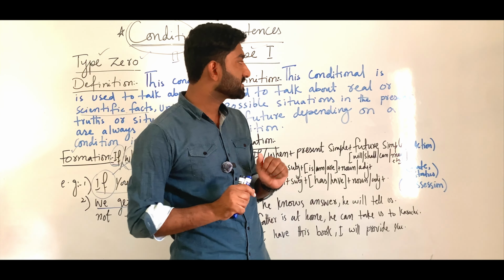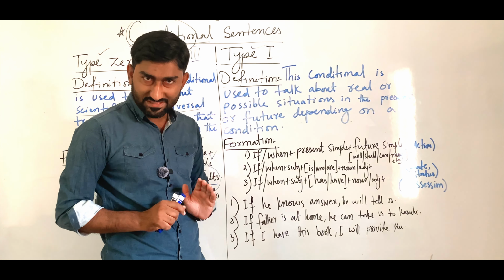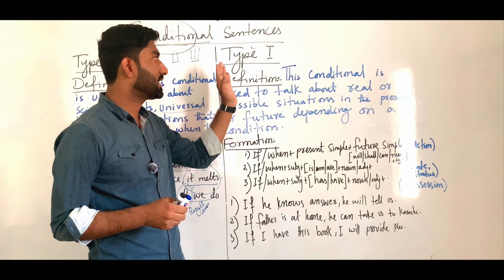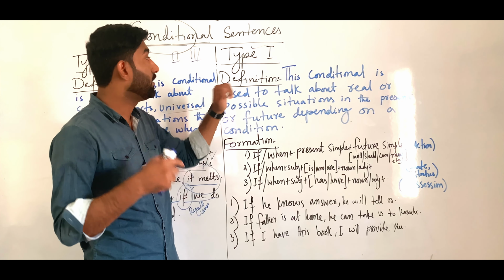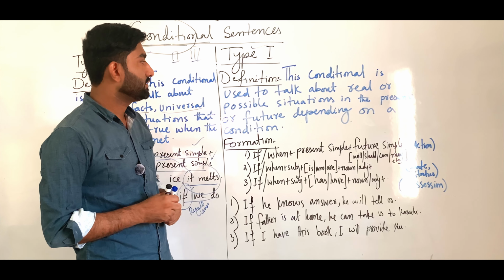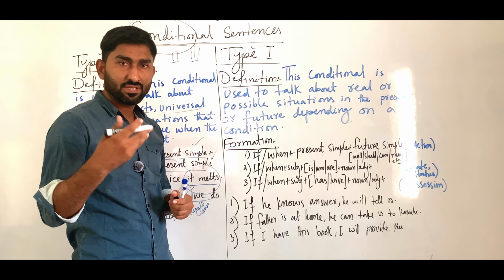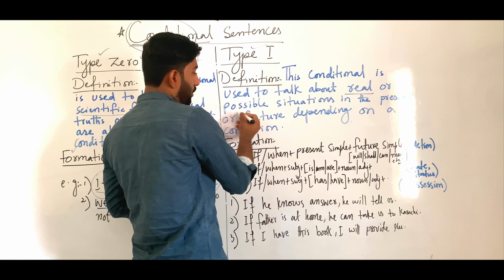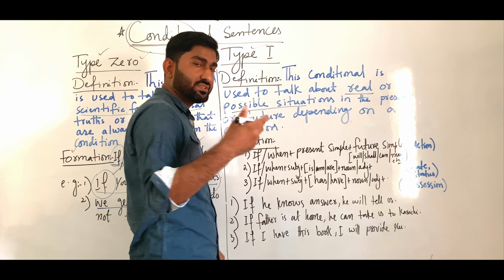Now let's try to understand type 1 ताकि इन दोनों का आपको फर्क भी पता चले and difference का पता चले कि how we use type 0 and how we use type 1 or where we use type 1 and 0. So what is type 1? Dear listeners, we use type 1 to talk about condition that is either real or it is possible. The situation is possible.